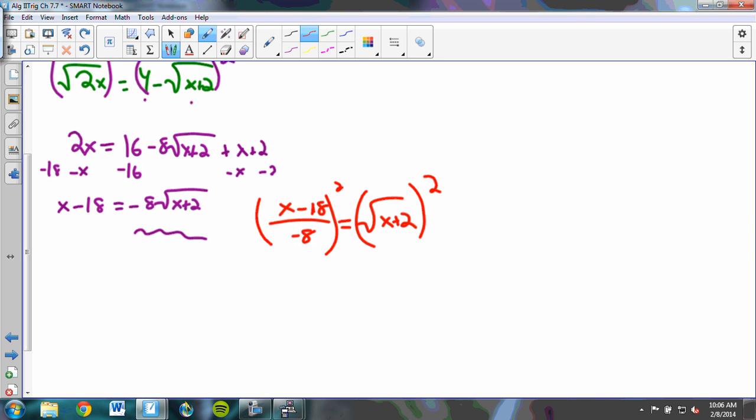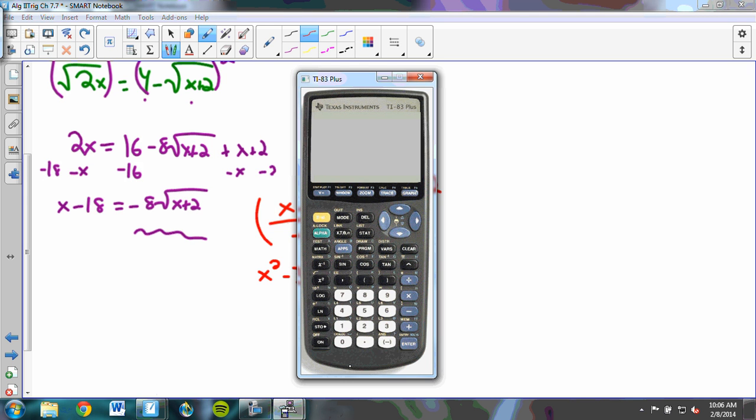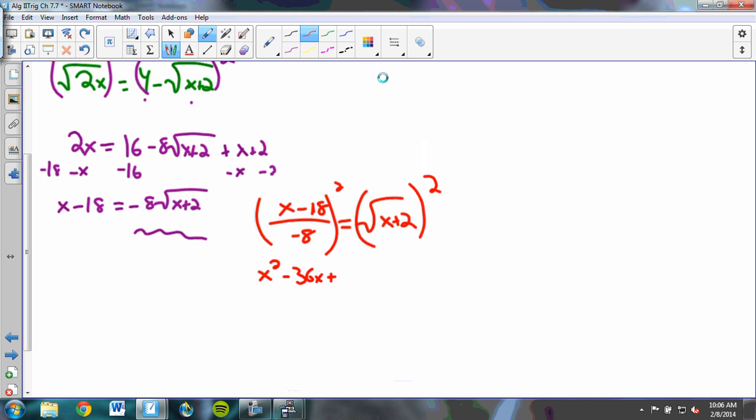18. Sheesh. X squared minus 36x plus whatever 18 squared is. 324. I could do it like that, and you're going to see it's going to work out the same.